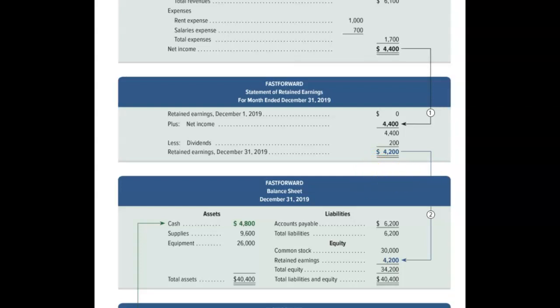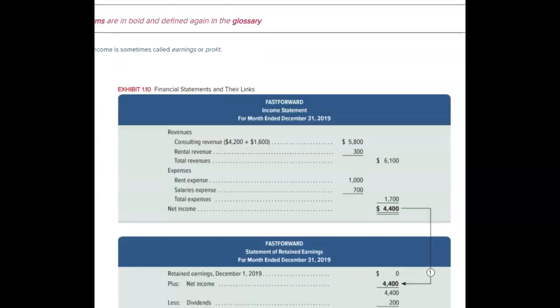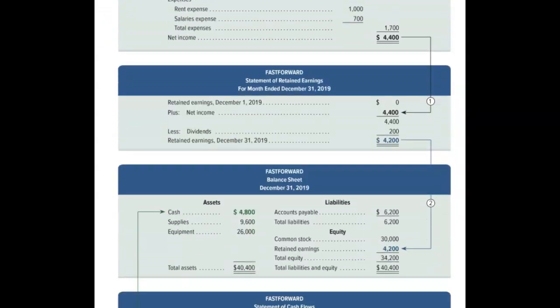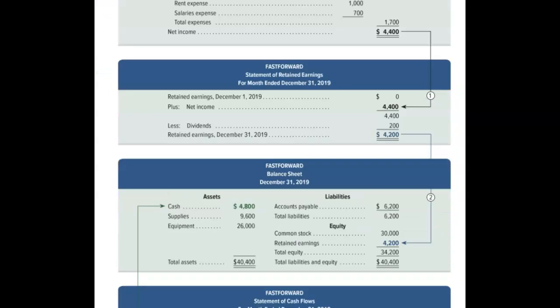The income statement and the statement of retained earnings, and you'll see in a minute the statement of cash flows, are all expressed for a period of time, but not the balance sheet. The balance sheet shows those balances in assets, liabilities, and equity at the end of the accounting period, so the balance sheet is the only one of the 4 financial statements that is as of a specific date at the end of the accounting period.